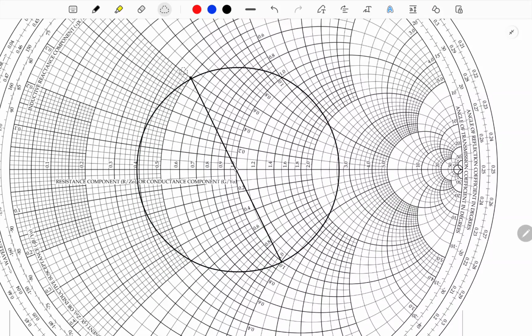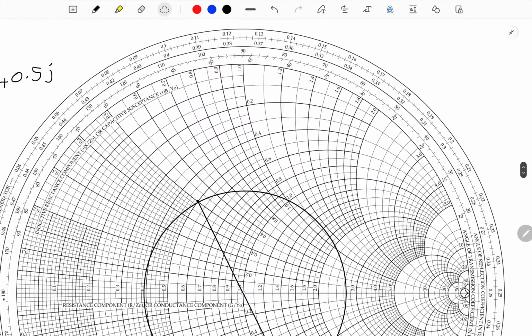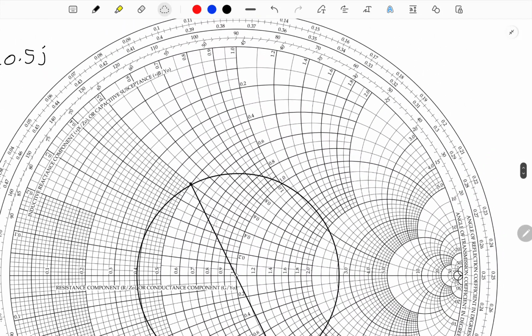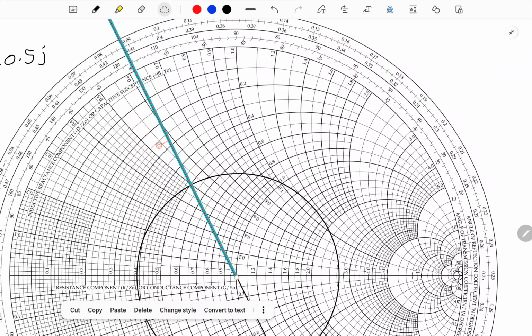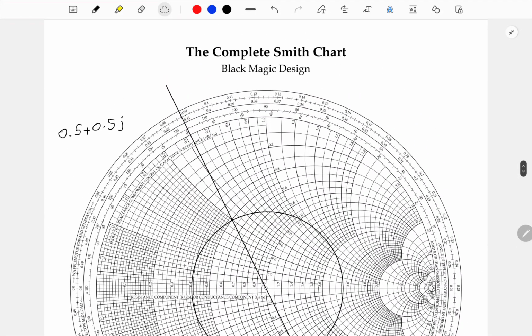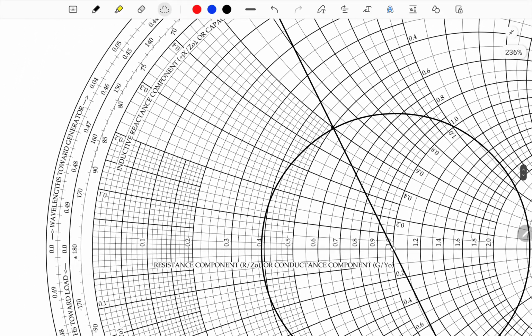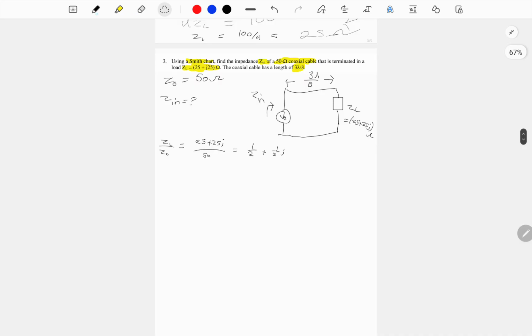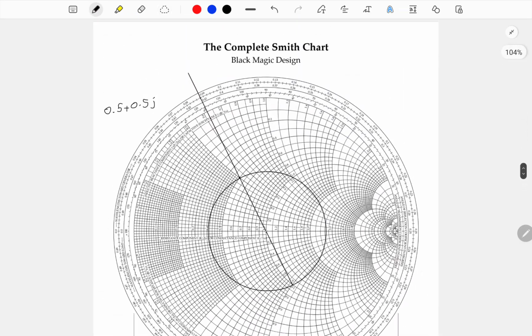That's good enough. And now we could also cheat again, or not cheat, just copy and extend this. And this will give us where lambda is. So it tells you the distance. This will give you the distance of the load. You get what I'm saying?